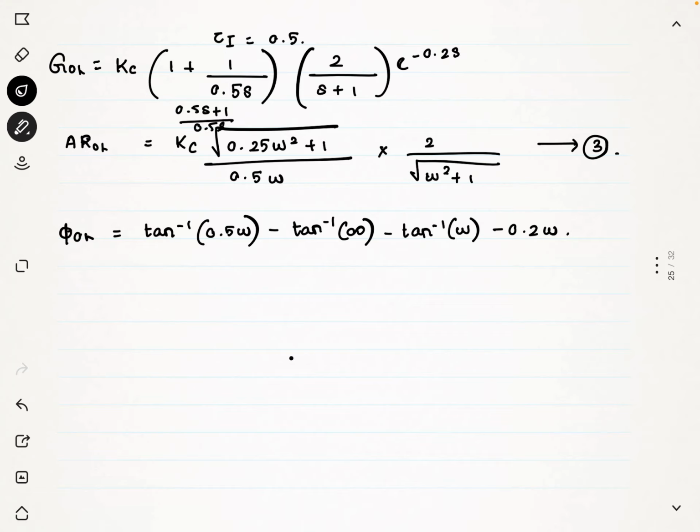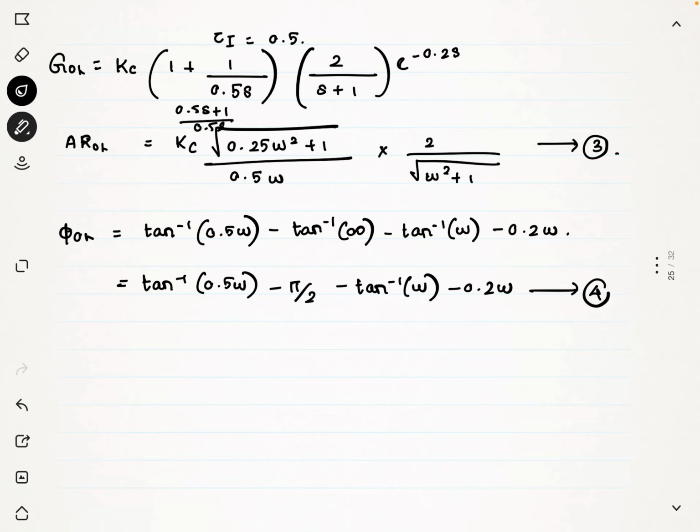So tan inverse infinity is pi by 2. So tan inverse 0.5 omega minus pi by 2 minus tan inverse omega minus 0.2 omega. Let's call this equation 4.